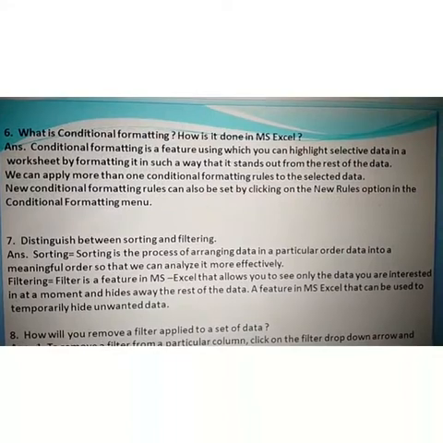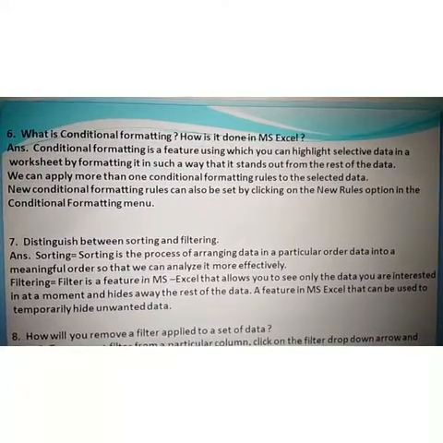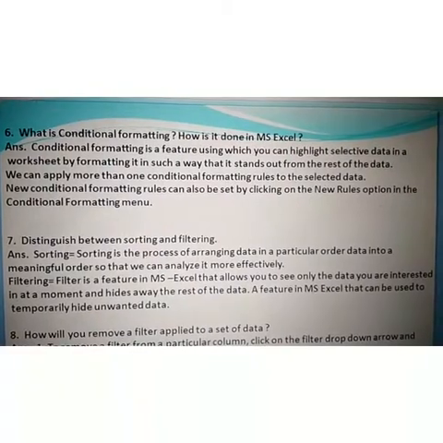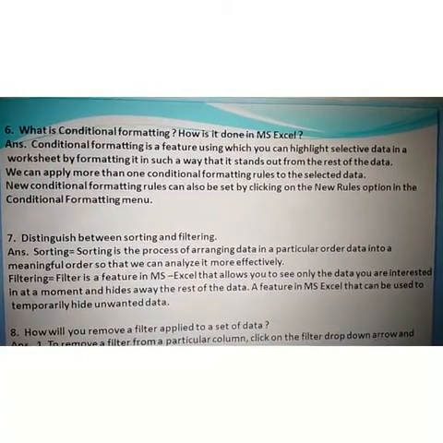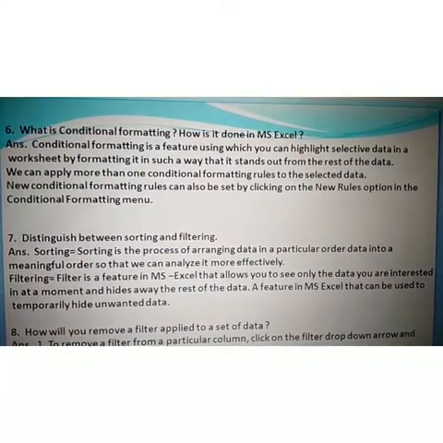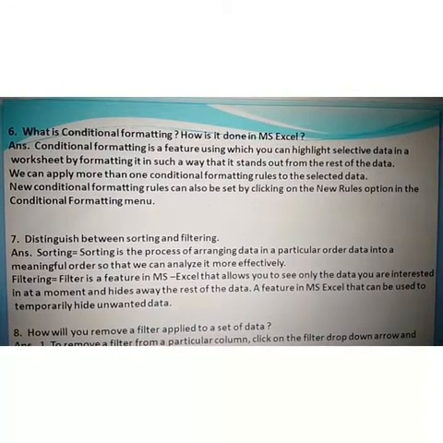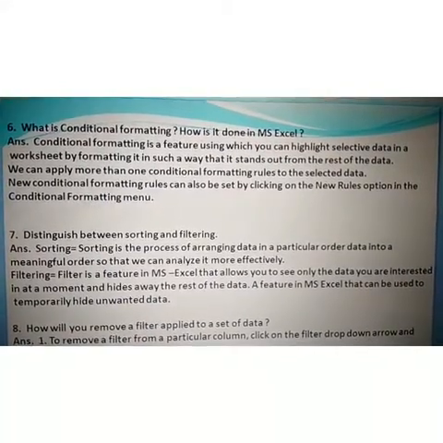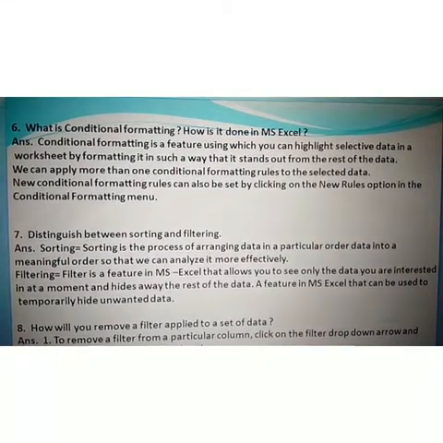What is conditional formatting and how is it done in MS Excel? Conditional formatting is a feature using which you can highlight selective data in a worksheet by formatting it in such a way that it stands out from the rest of the data. We can apply more than one conditional formatting rule to the selected data.